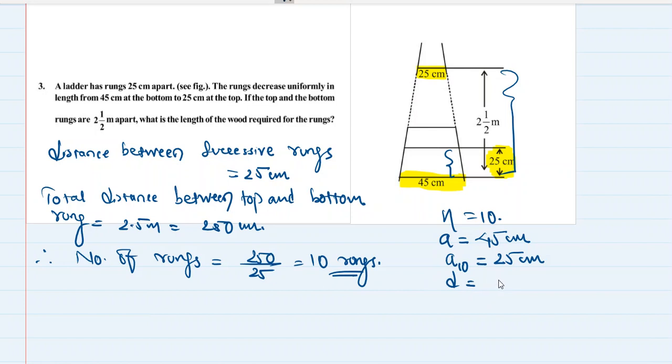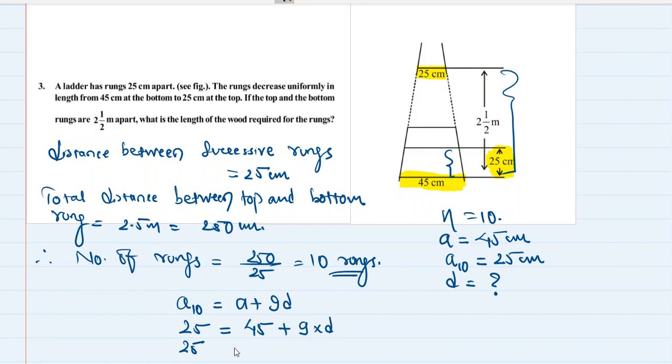The common difference is not known, so we'll first find the common difference. What is the formula for the 10th term? A plus 9D. What is the 10th term? 25. What is A? 45. What is D? We don't know.